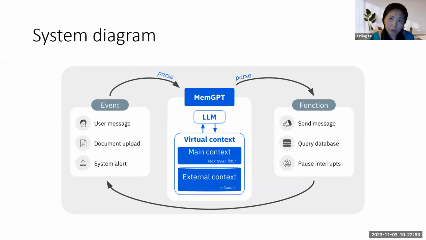It also includes some actions, so action tokens. Once you see those tokens, you execute those actions. So here there's a list of actions. It could be sending some message on behalf of the user, querying a database, or pausing some interruptions. All these are actions.